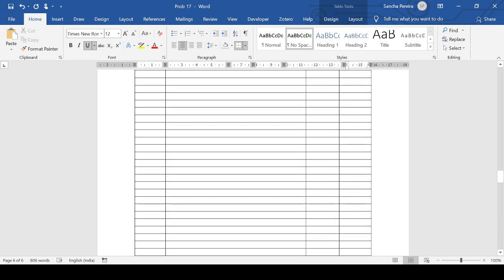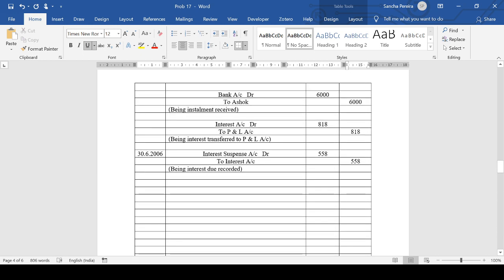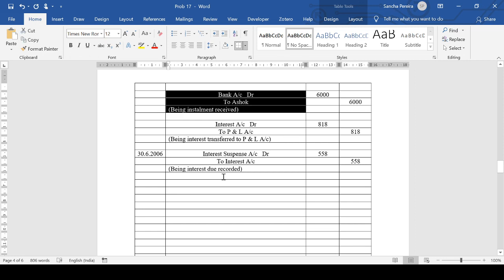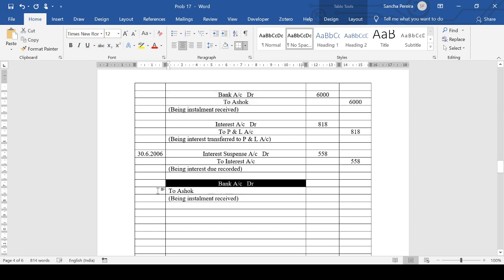Then we show the installment that is received. Bank account debit to Ashok account will be 6,000.